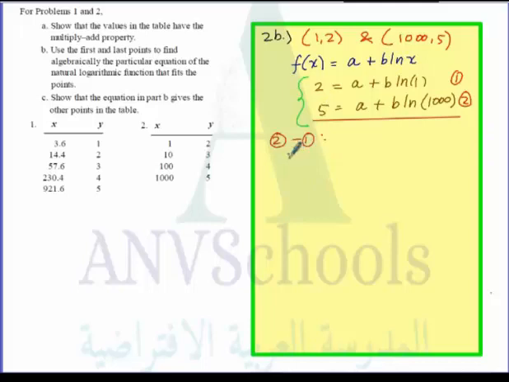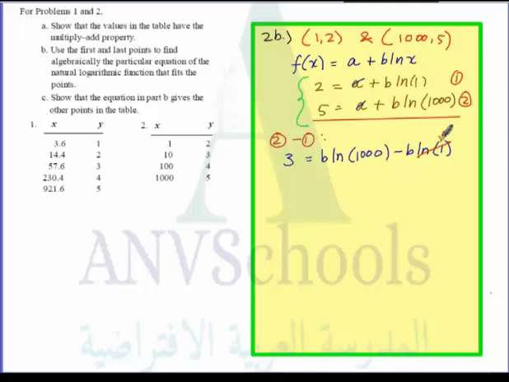So I will have 3 is equal to, this will cancel, b ln of 1000 minus b ln of 1. And ln of 1 is 0 according to the property of the natural logarithm.